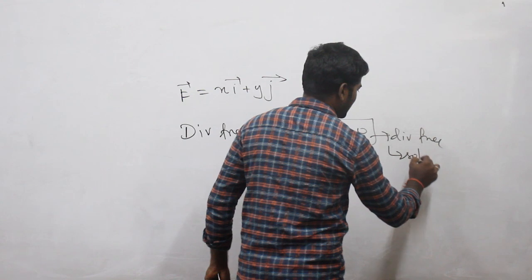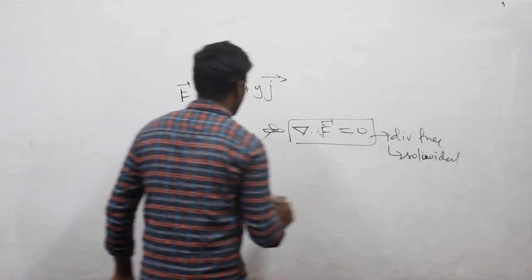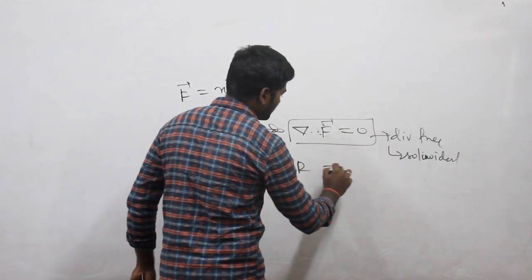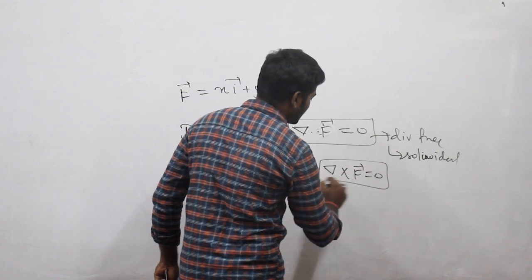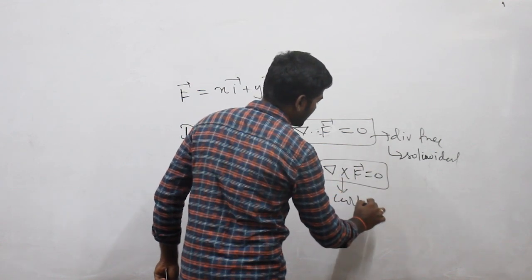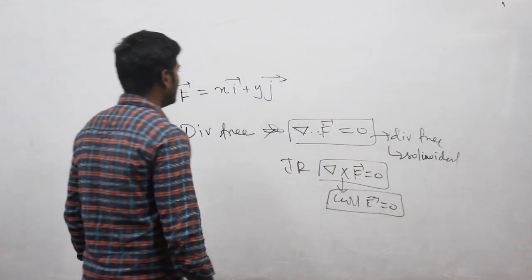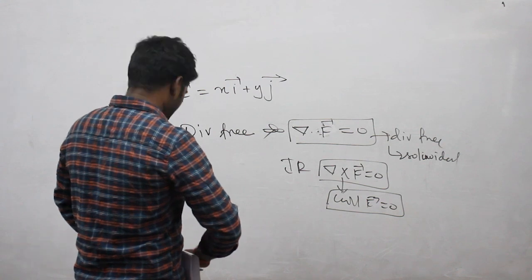And they are asking, irrotational means del cross f vector equal to 0, that is curl of f vector equal to 0, it is called irrotational vector. So you want to find whether it is divergence free or irrotational, right?